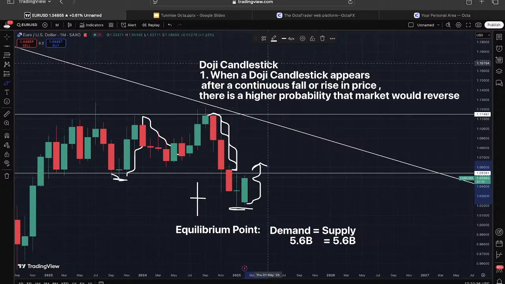So, having this definition of the doji in mind, understanding that the doji is formed at the point of equilibrium where demand is equal to supply.